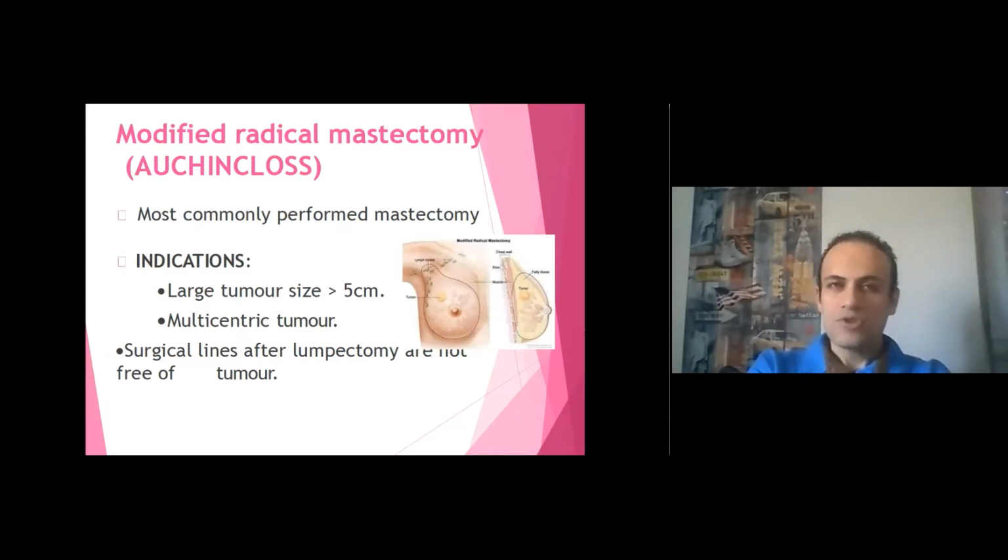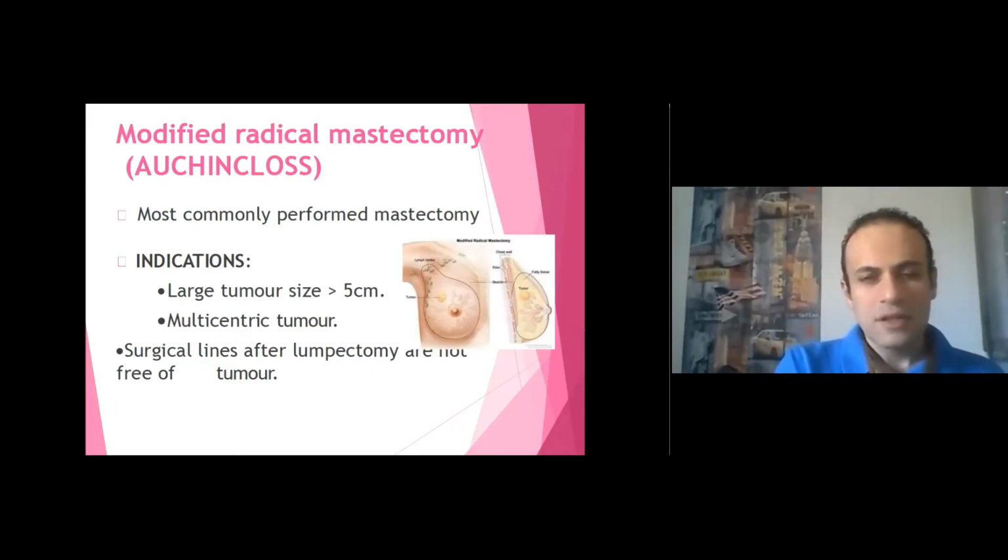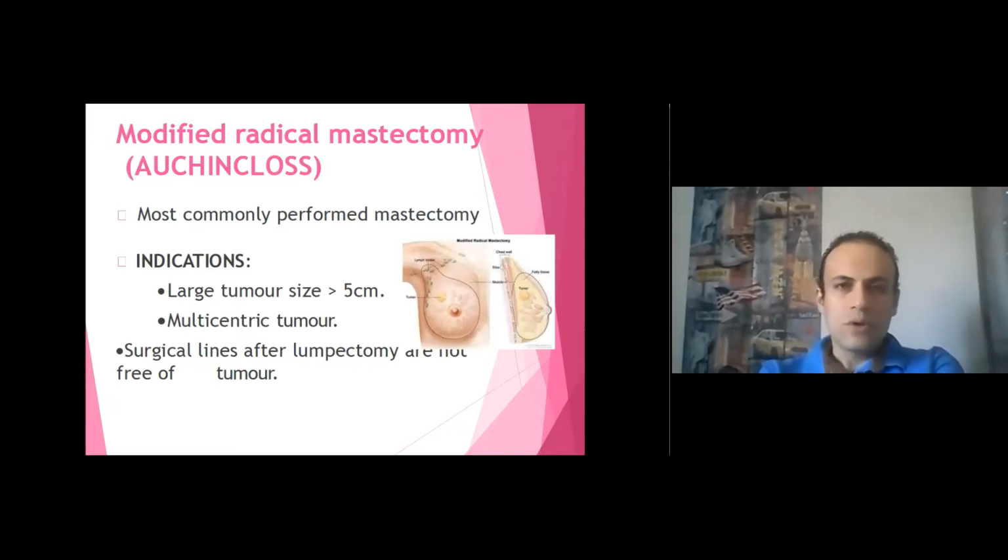The second option is breast conservative surgery, which means removal of the tumor with a safety margin, but the rest of the breast glands stay. The modified radical mastectomy is the most commonly performed mastectomy, and it is indicated when we find a large tumor size, more than 5 centimeters. Otherwise, we will go through the breast conservative surgery.